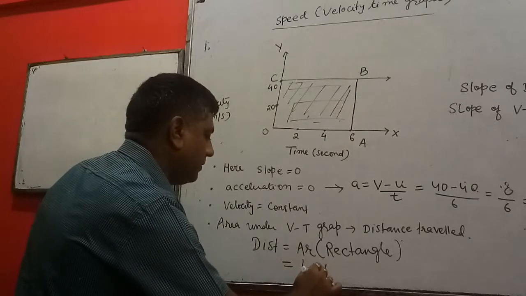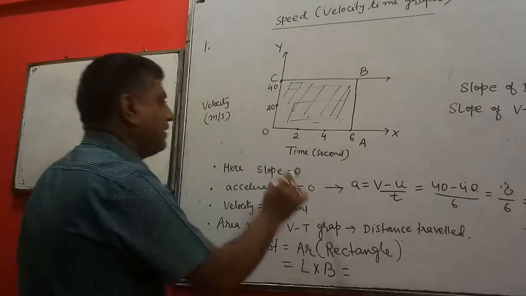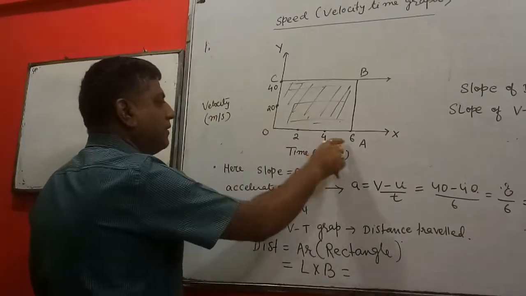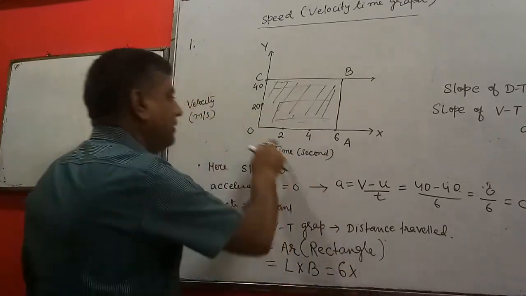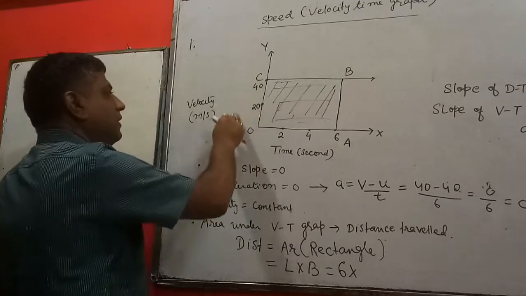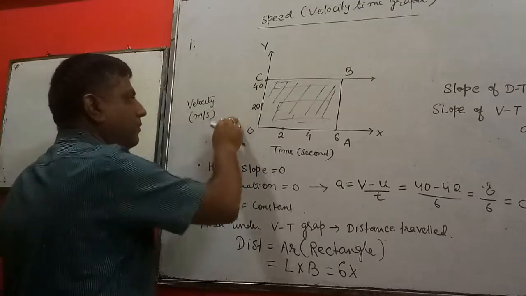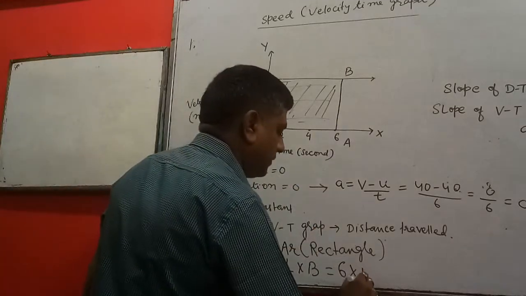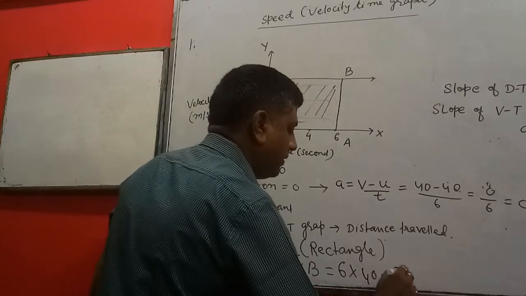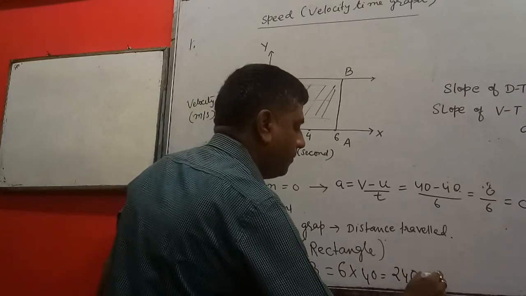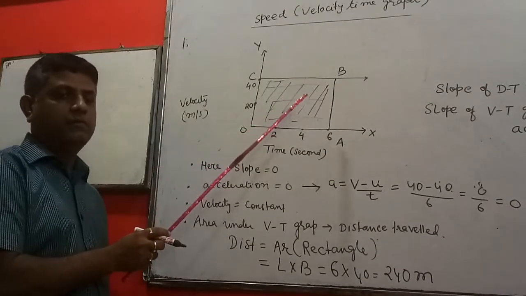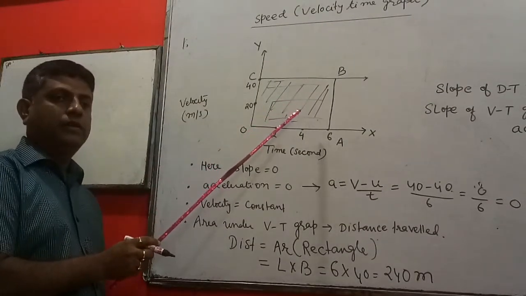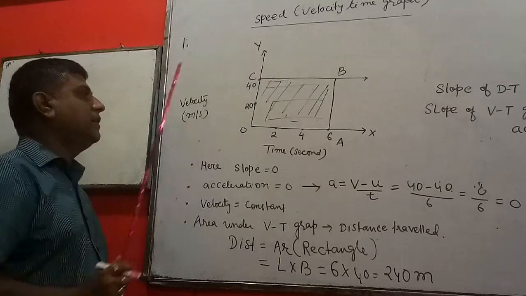The length here is 6, and the breadth is 40. So 6 into 40 is 240 meters. Distance traveled is 240 meters, isn't it?